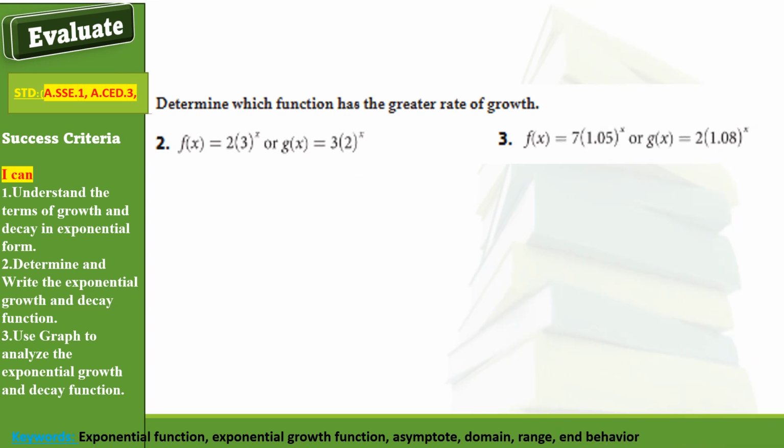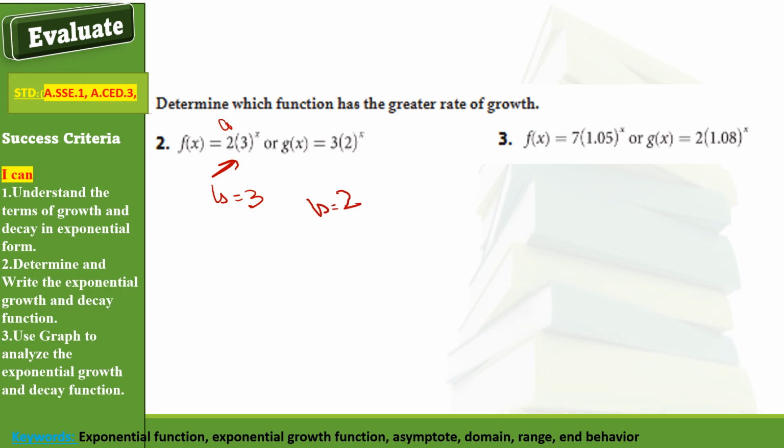In order to solve such a question, focus on the b value. Here, in the first function, 3 to the power of x, a is 2 whereas b is 3, and in the second function g of x the b is 2.